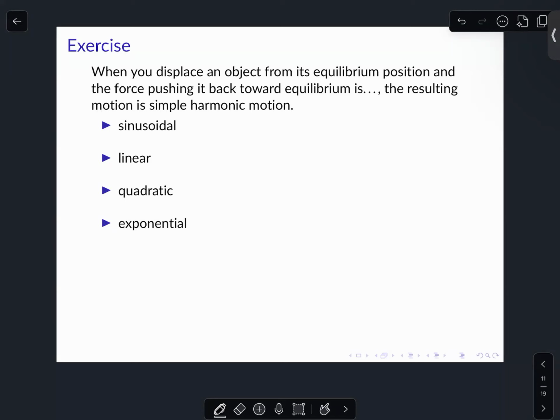Fill in the dot, dot, dot. Hint. This isn't a guess. I told you the answer to this at the beginning.